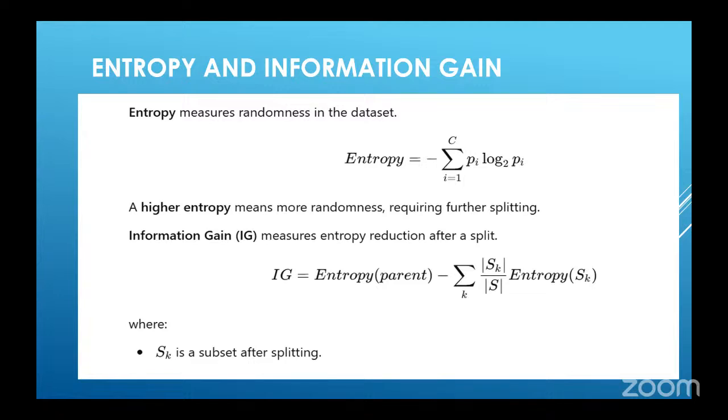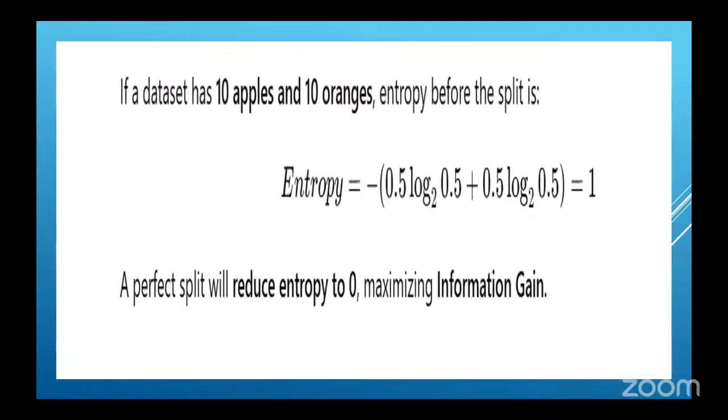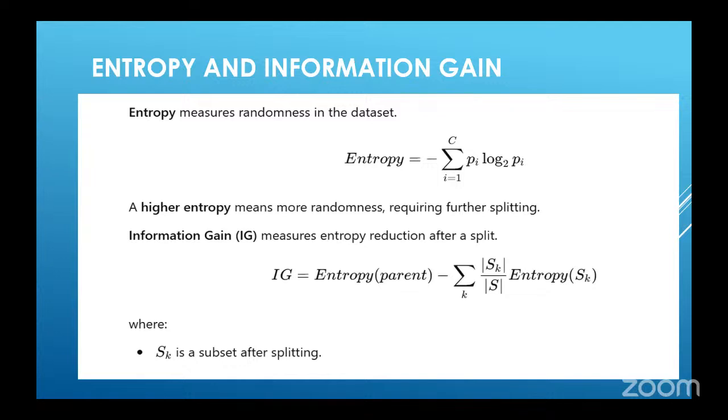Okay. Now we will see the entropy and information gain. This entropy measure, the formula for this, one was missed there. Same, minus value. Entropy value is minus of summation of pi log 2 pi. Write down this formula.